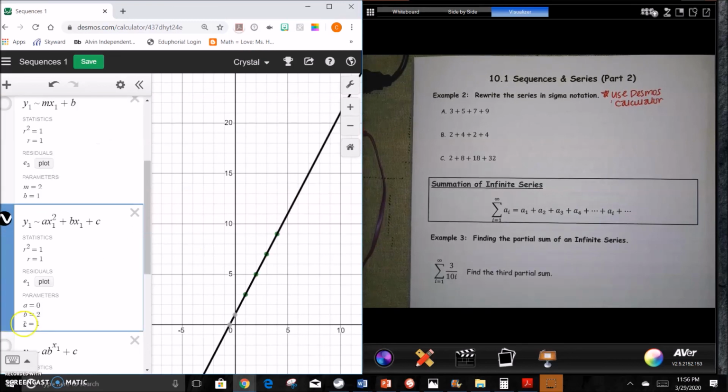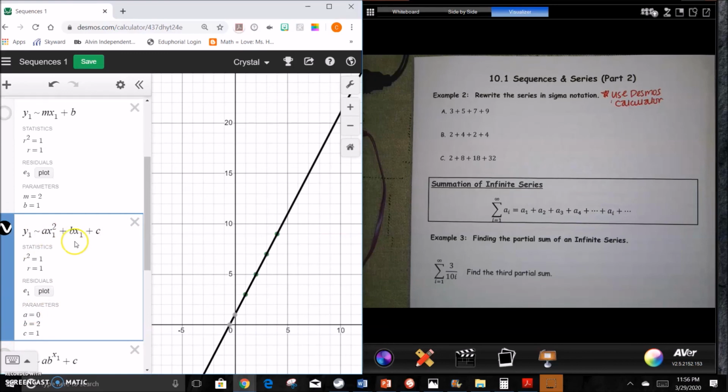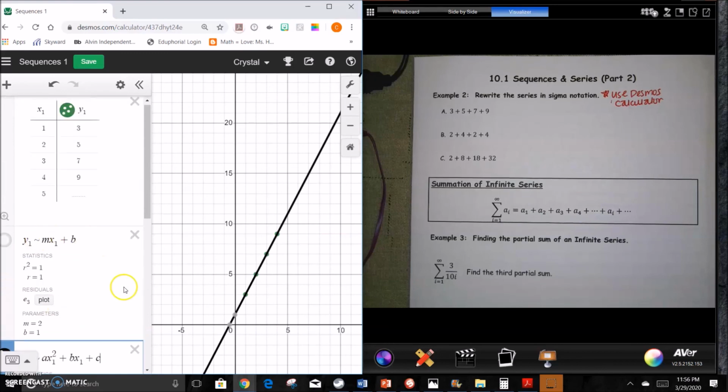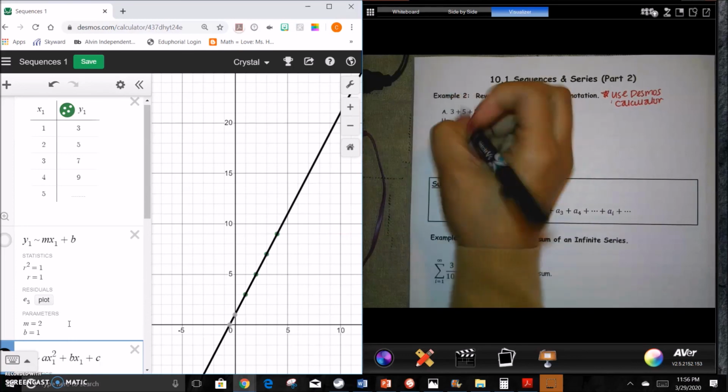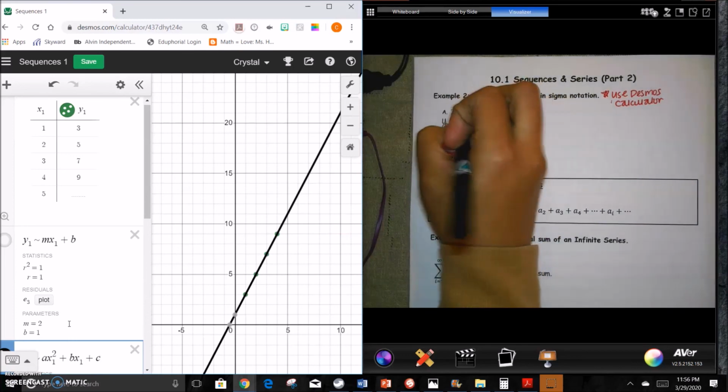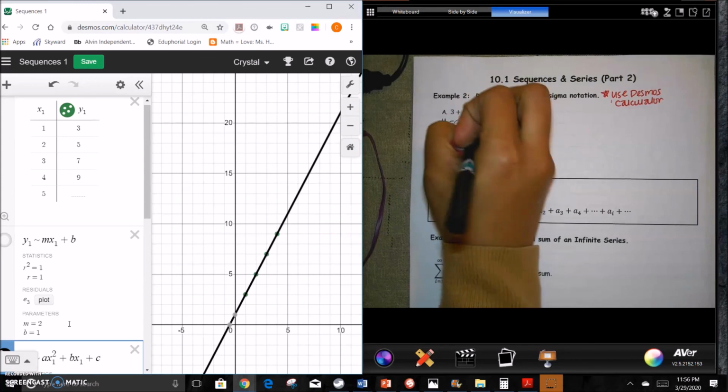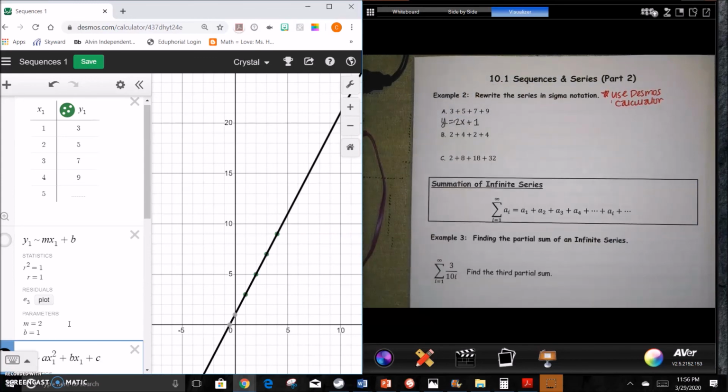Okay, it looks like it's a linear equation, so we are going to use the linear format. And m is 2, b is 1. Okay, so I'm going to write this right underneath it. We know that the sequence itself is y equals 2x plus 1.